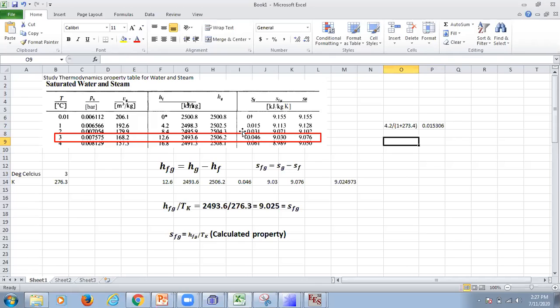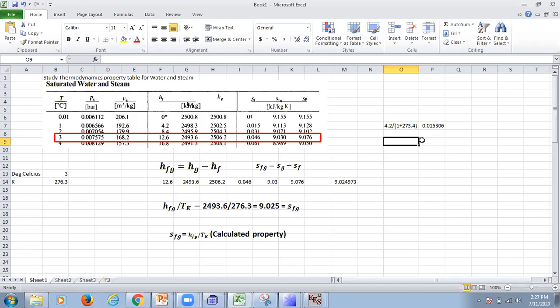How to get this SF at 2? Okay, SF at 2 is SF at 1 plus the rise of SF from 1 to 2.